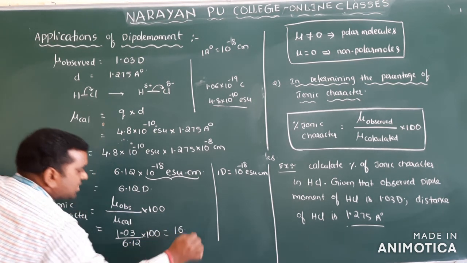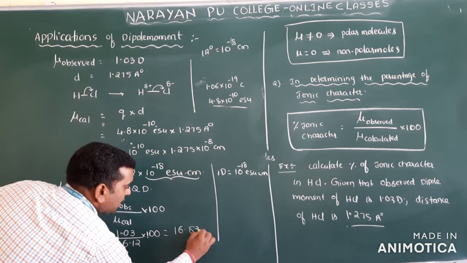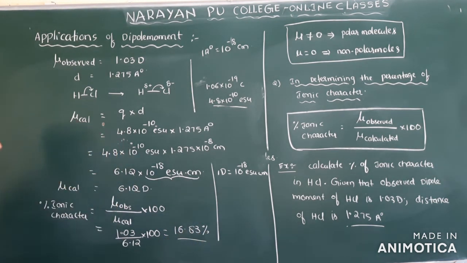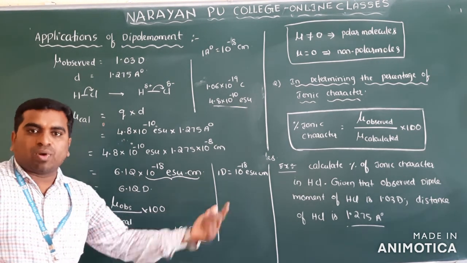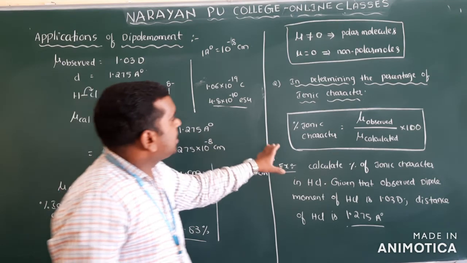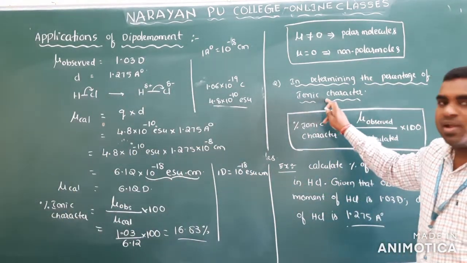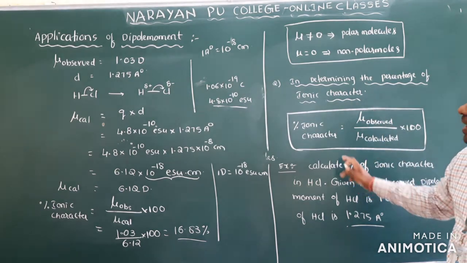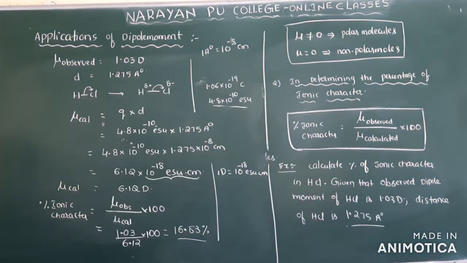Roughly you will get 83 percent. Clear? 83 percent. This much ionic character will be there and the remaining percent will be covalent character. So this is how we can determine the percentage of ionic character in a covalent bond by using the dipole moment. This is the second application.